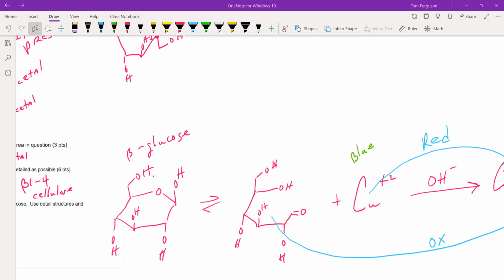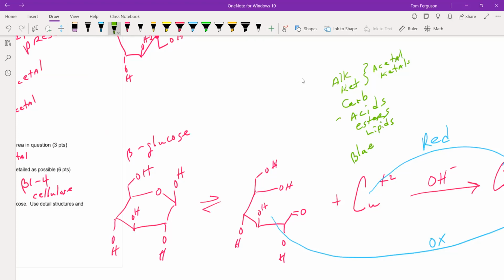Basically, our next test is going to be on aldehydes and ketones in terms of acetals and ketals, carbs, acids, esters, and lipids.